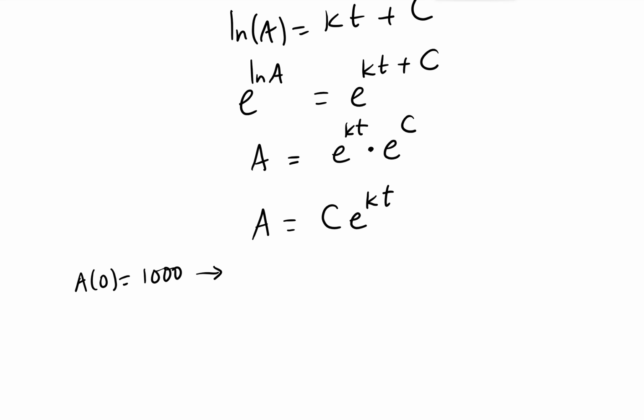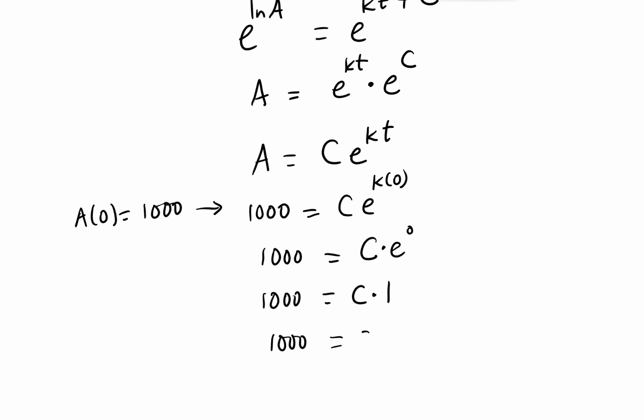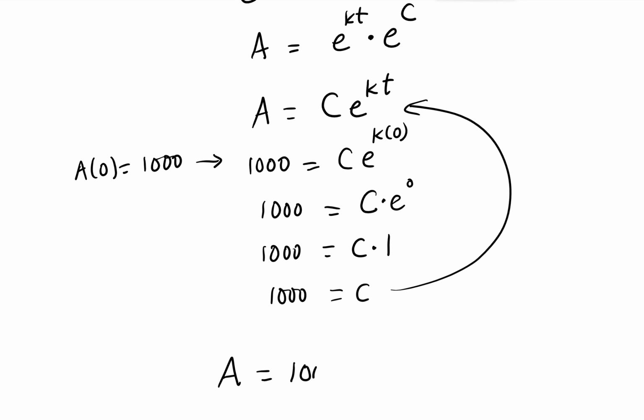So that means I can substitute when t is 0, this was 1,000. So 1,000 equals C times e to the 0. Anything to the 0 power is 1. So that gives me the C value. We're going to put that back in. So we get A equals 1,000 e to the 0.045t. That's the particular solution.